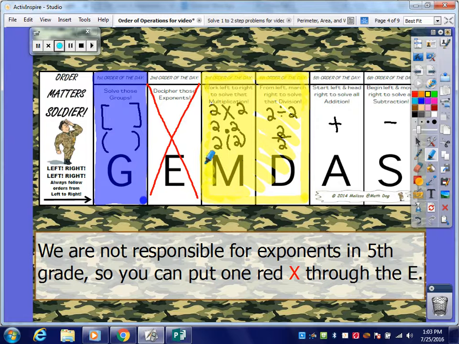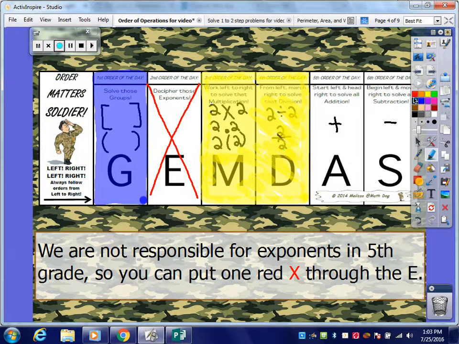It just depends on which one comes first, left to right. So if multiplication's first in the problem, you have to do multiplication first. If division comes first from left to right, you have to do division first. So even though in GEMDAS it has the M listed first, it just depends on which one comes first, left to right in the problem. So that's why we used yellow to shade in both of them to show that they're together, they're interchangeable.